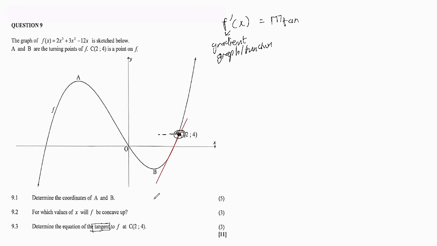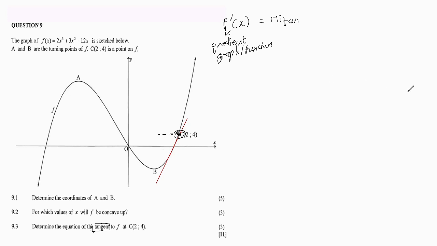Remember, the tangent cannot be changing its gradient, because a tangent is only just a straight line. It has the same gradient throughout. But with the curve, a curve has different gradient at different points. So we are saying that the gradient at that particular point of contact will report to us what is the gradient of the tangent at that point of contact.